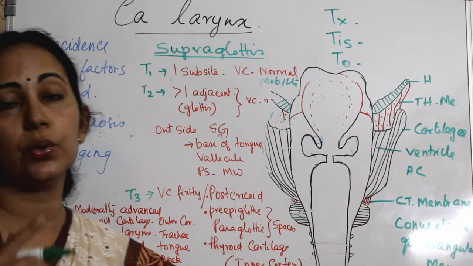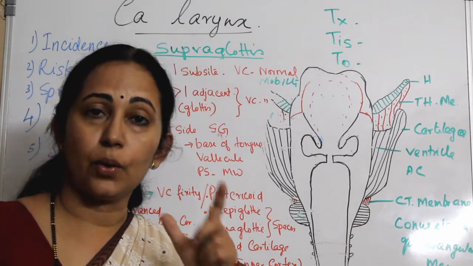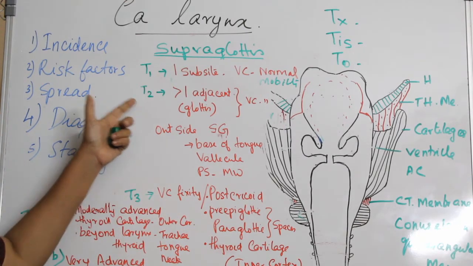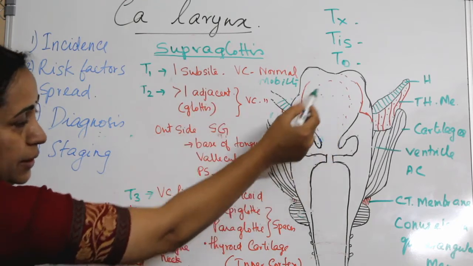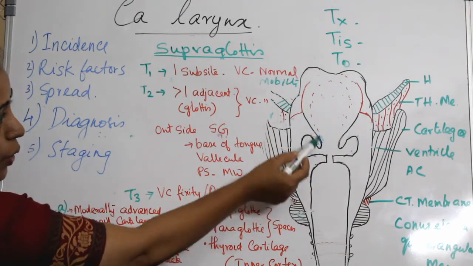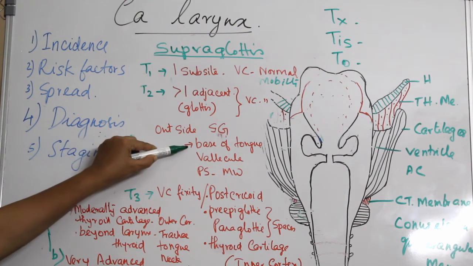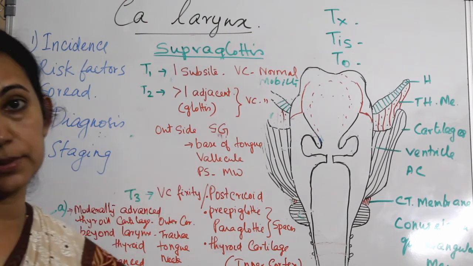So a glotto-supraglottic malignancy with normal vocal cord mobility will be considered a T2 lesion. Either more than one adjacent subsite within the supraglottis or glottis, or outside the supraglottis. What are they? Base of tongue, vallecula, and medial wall of piriform sinus.